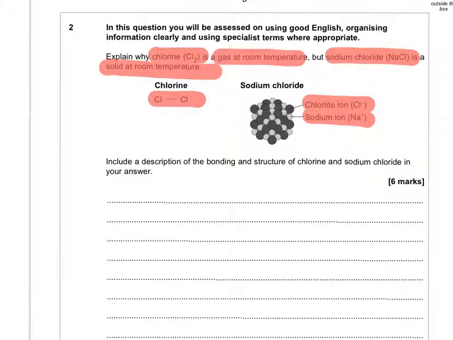So, as always with these, I do a little spider diagram. So we've got chlorine. Okay, it's molecular. Think about the type of bonding. It's a simple covalent structure.